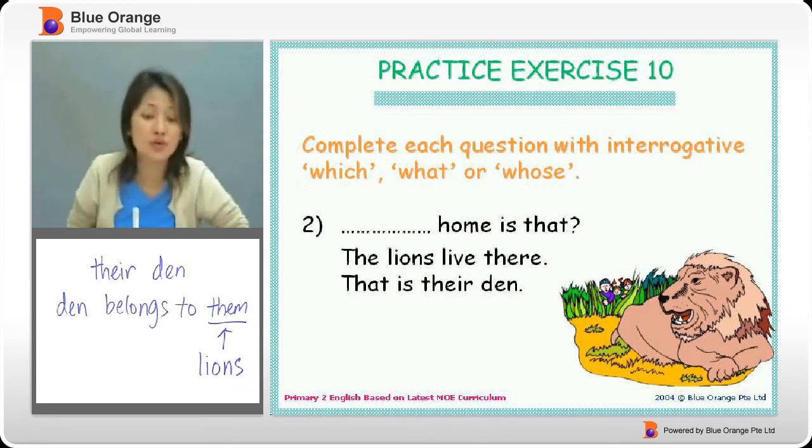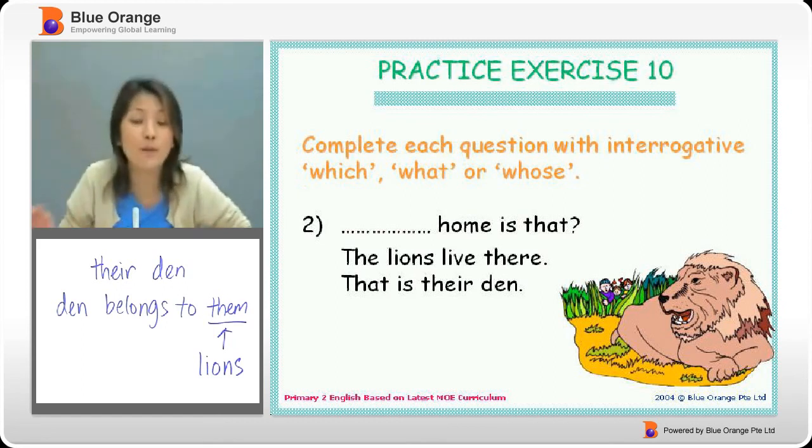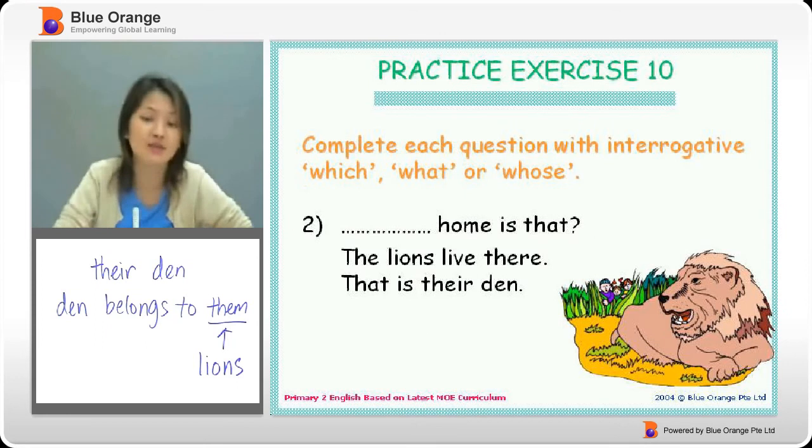So, that is the lion's home. So, we know very specifically that the home belongs to the lion. And if you can recall during the lesson, I actually talked about this belonging when you have to use whose. Whose home is that? The lions live there. That is their den.